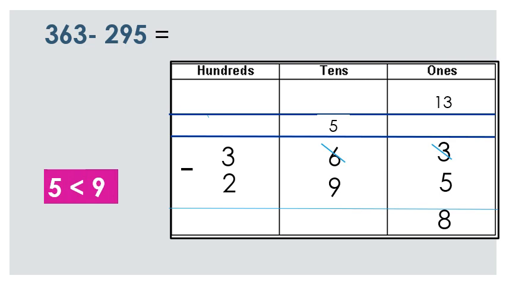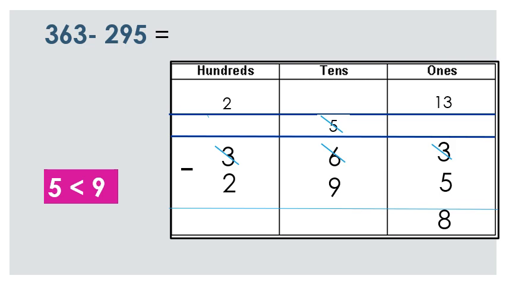5 is less than 9 in the tens column. We cannot subtract 9 from 5. Now 5 has to borrow 100 from 300s, leaving behind 200s.